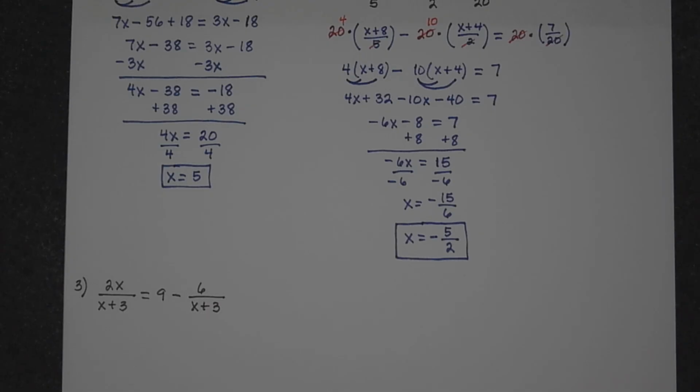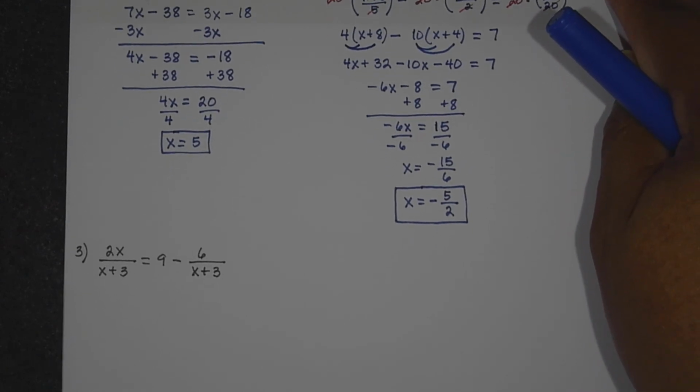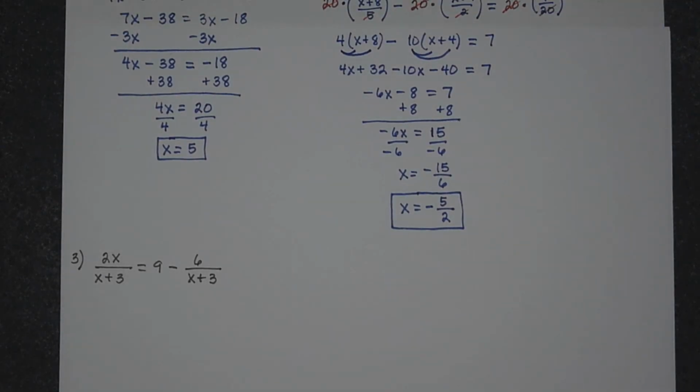All right, on this problem, you'll have two parts. Part A, you have to find out what the restricted value is, and then part B, keeping the restricted value in mind, you're going to solve this equation.